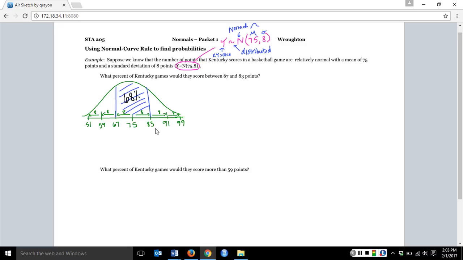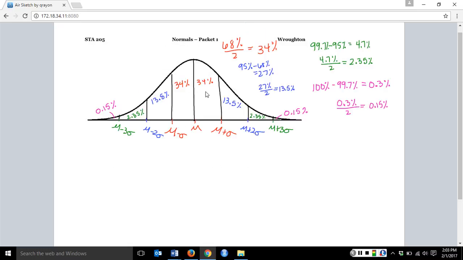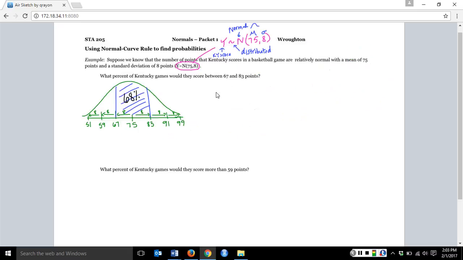Or you could go back to the previous picture and just find the two different 34% and add them together. So then we can say that in 68% of games, Kentucky scores between 67 and 83 points. So now we have an idea of what to expect. So 68% of the time, they're going to score between 67 and 83 points.